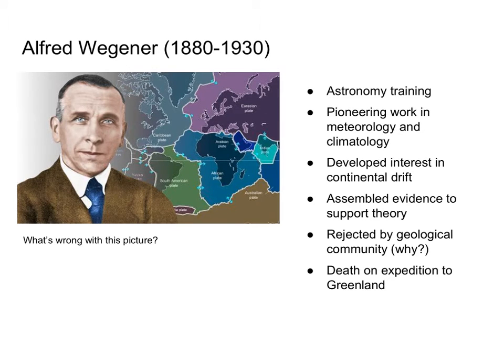The guy who's really mostly associated with this idea of continental drift is Alfred Wegener, a German who was trained as an astronomer. He did a lot of pioneering work in meteorology and climatology, as I've got listed there.